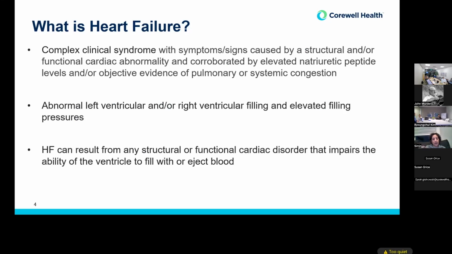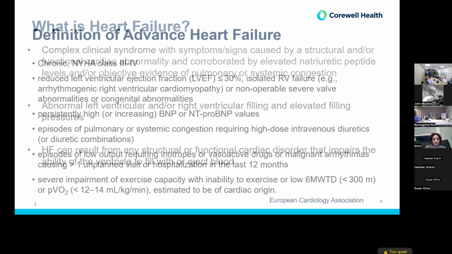There's abnormal filling of the right or left ventricle and increased filling pressures, and it can also be caused by any structural or cardiac disorder that impedes the ability of the ventricles to fill or eject blood. So things like amyloidosis and those kinds of things that inhibit the cardiac muscle from doing that can also result in heart failure.